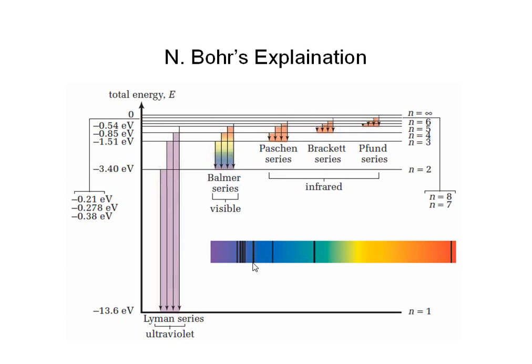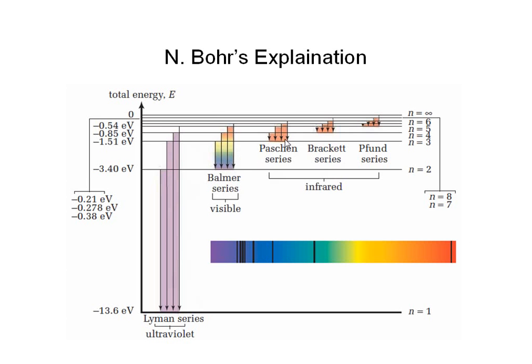Okay, so now I have explained the production, the making of these 8 different colors of the hydrogen emission. So these 4 correspond to these 4, and these 4 correspond to these 4.